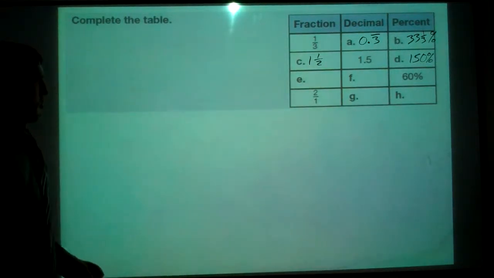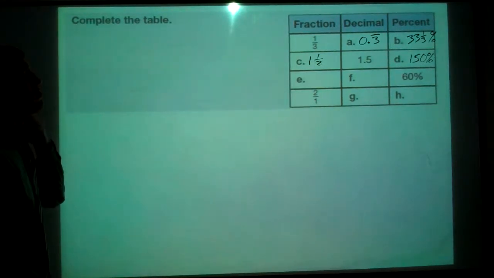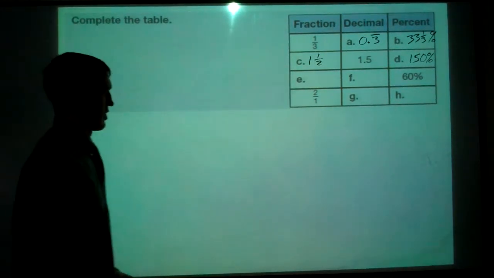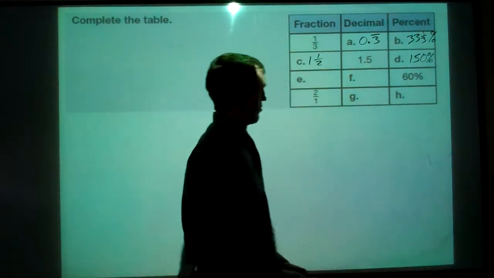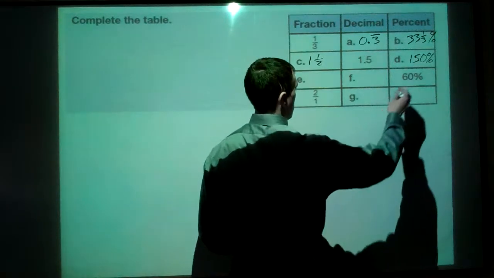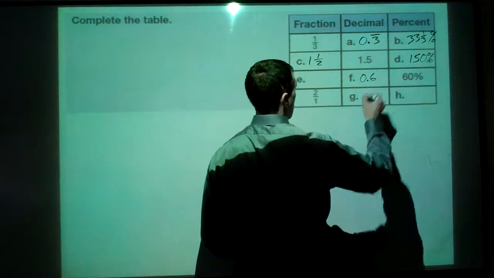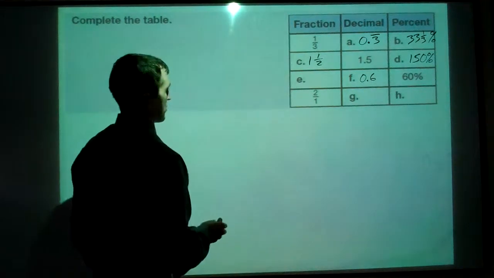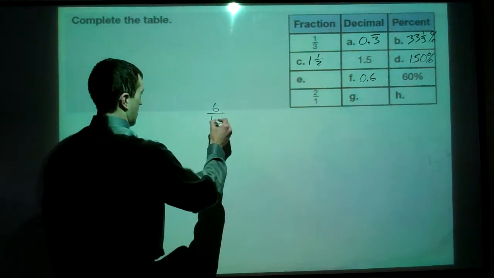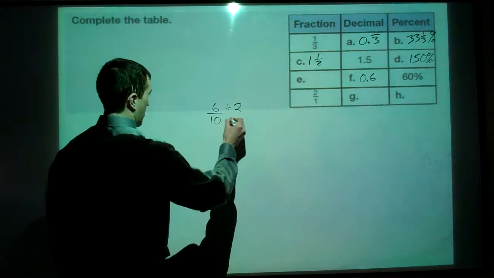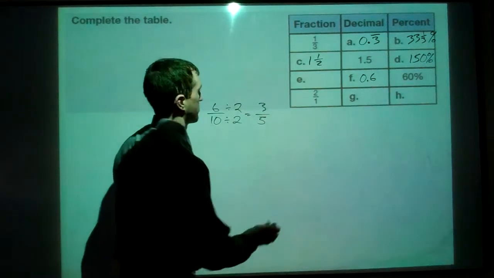Okay? Next row, 60%. Let's see, what should we write that as first? Shortcut says we can just go back 2 decimal places. So we should go 1, 2, and be at 0.6. And as a fraction, that's 6/10. 6/10 reduces to 3/5, so 3/5.